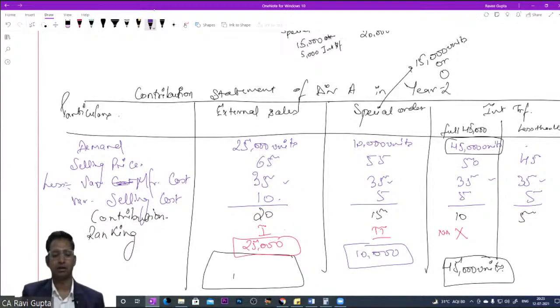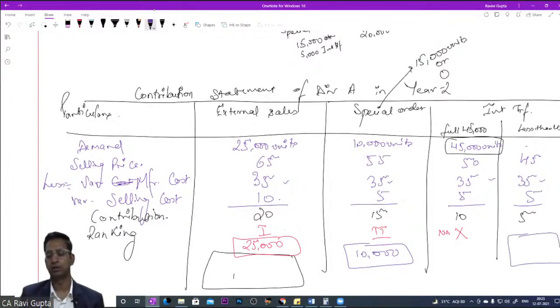Now we are having a balance of only 15,000 units. So this condition doesn't apply, and we will be doing 15,000 units.